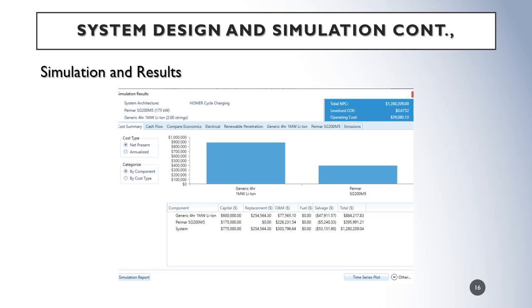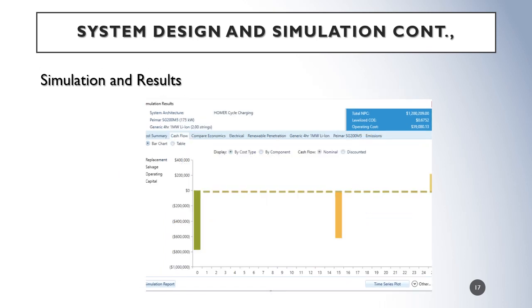The operating cost is around $39,000, and the replacement cost is around $254,000, while the operation and maintenance cost is around $300,000.